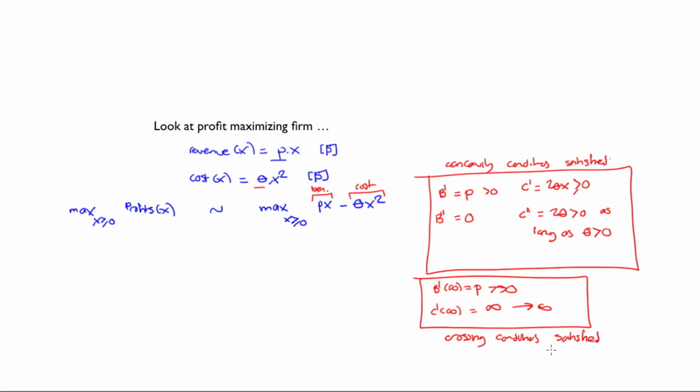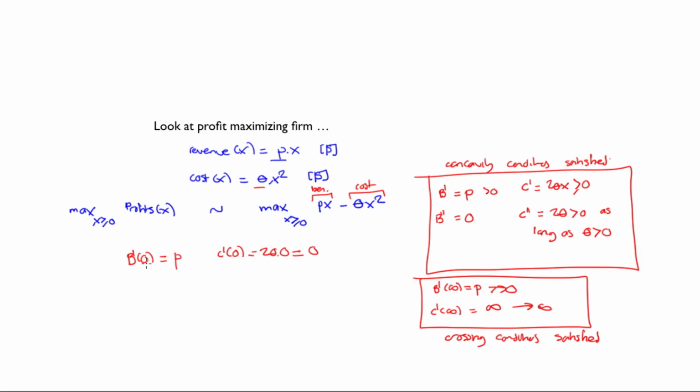Now let's take a look at this. We know that marginal benefit at 0, let me write it like this to keep the notation consistent, is equal to P, and that marginal cost at 0 is equal to 2 theta times 0 equals 0.